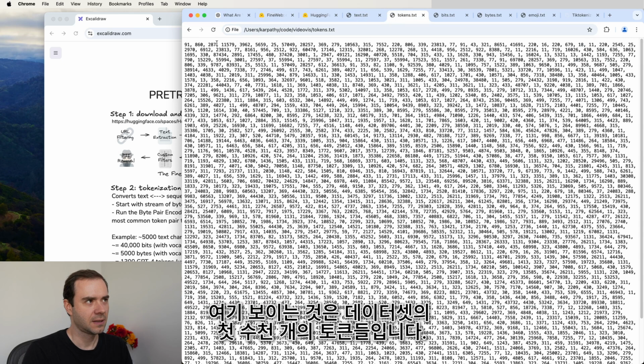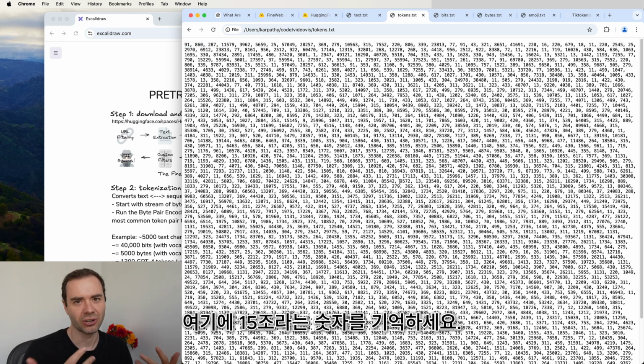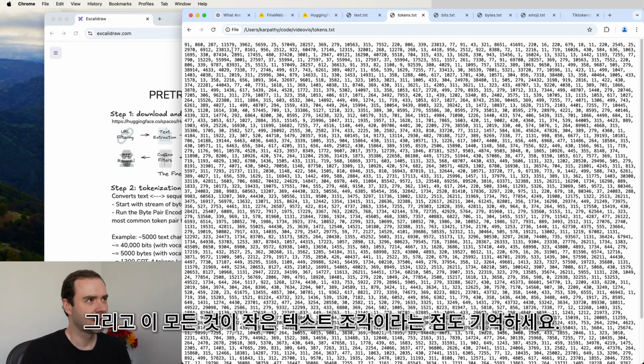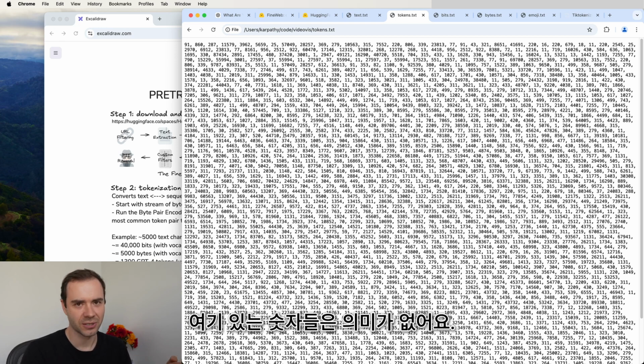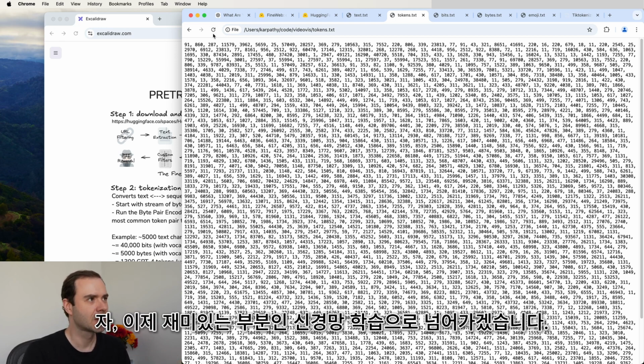And here are just the first few thousand tokens of this dataset, but there's 15 trillion here to keep in mind. And again, keep in mind one more time that all of these represent little text chunks. They're all just like atoms of these sequences, and the numbers here don't make any sense. They're just unique IDs.